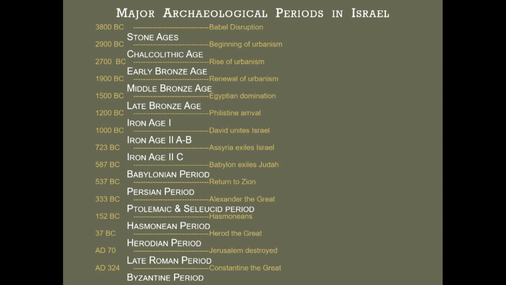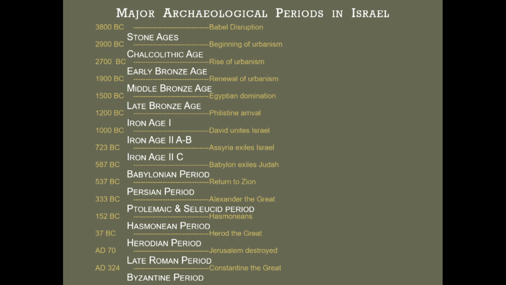These are the various periods of ancient Israel, Palestine, the Levant, beginning with the Stone Ages, the Chalcolithic, when we begin to see more work with bronze.